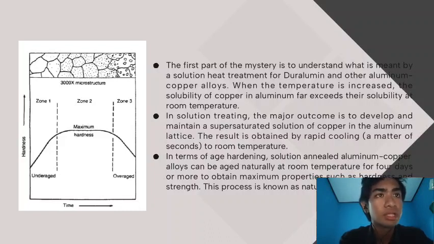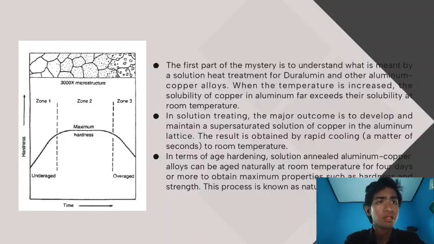Dr. Wilm's mystery could not be solved for several years. The conditions of precipitation hardening were not understood until 1919, when the theory and practice of precipitation hardening in alloys were published by Merica and his colleagues at the U.S. National Bureau of Standards.